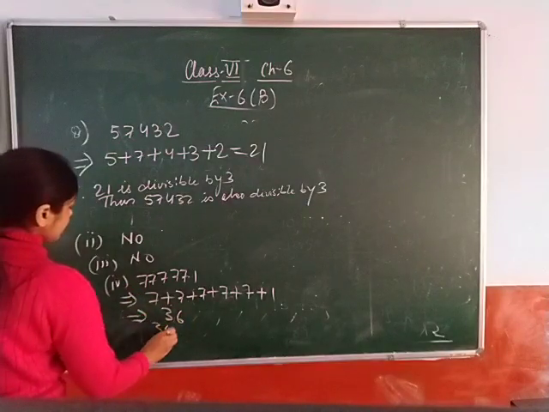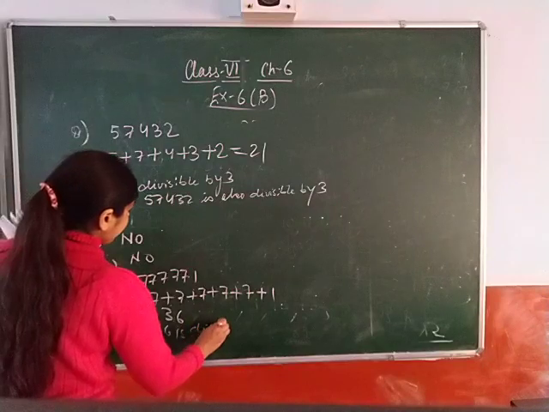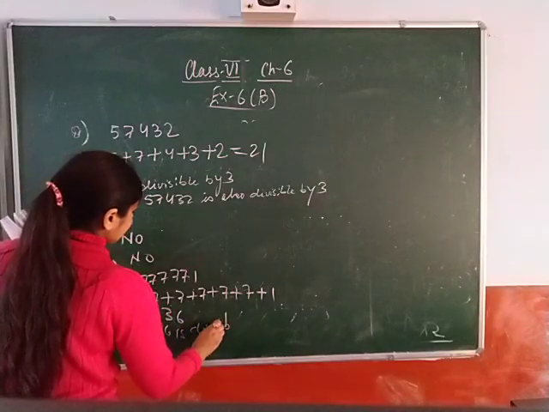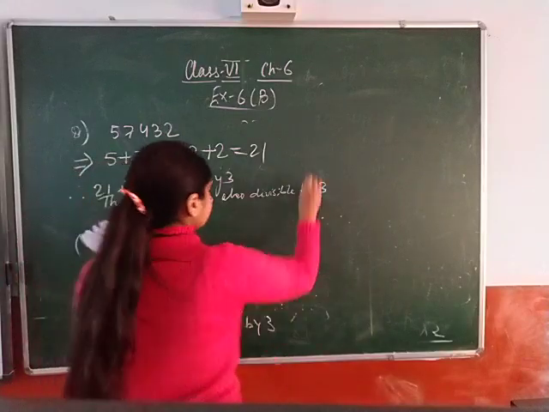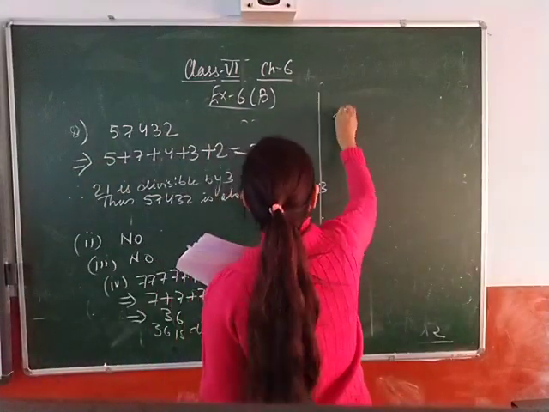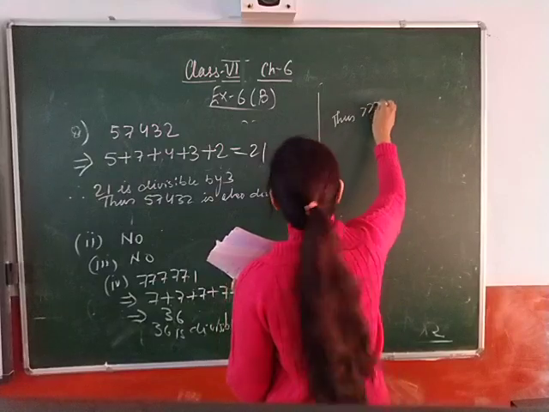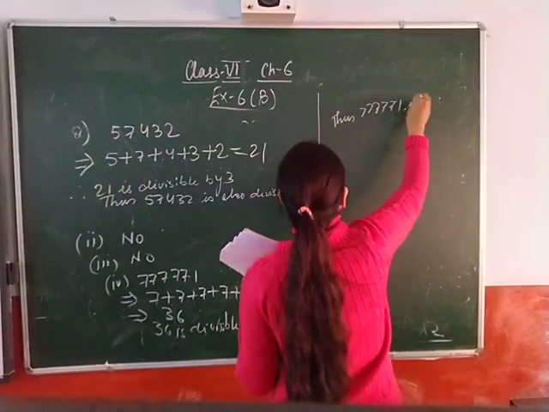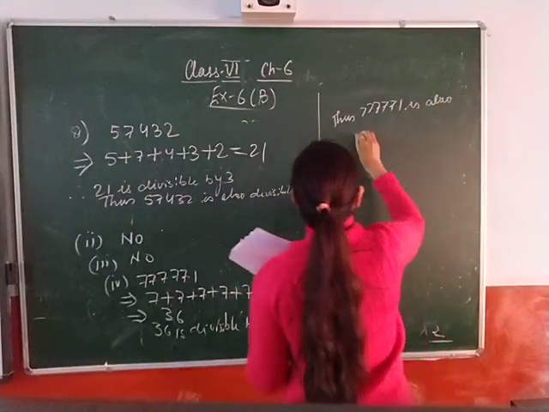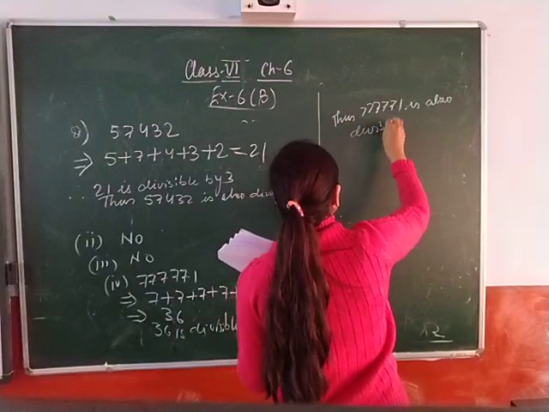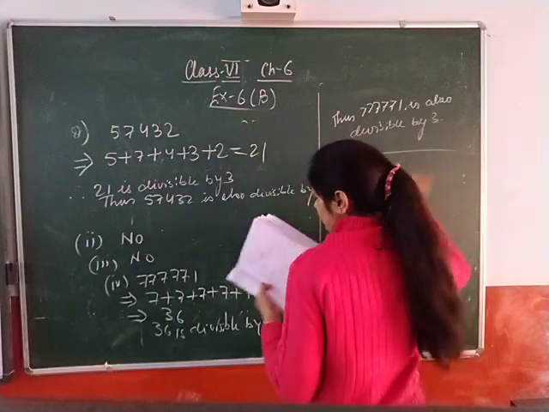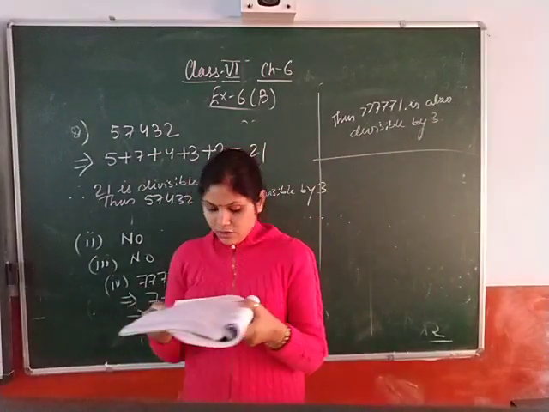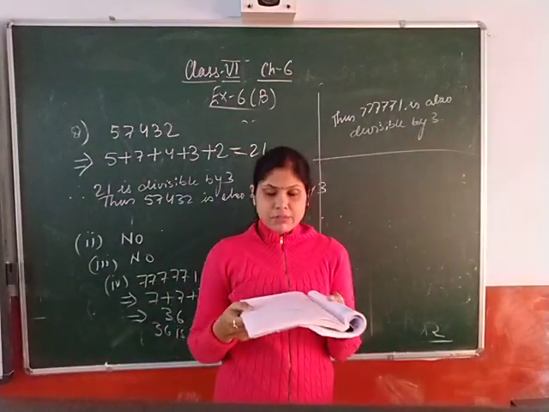So, 36 is divisible by 3. Thus, 77771 is also divisible by 3. Clear?